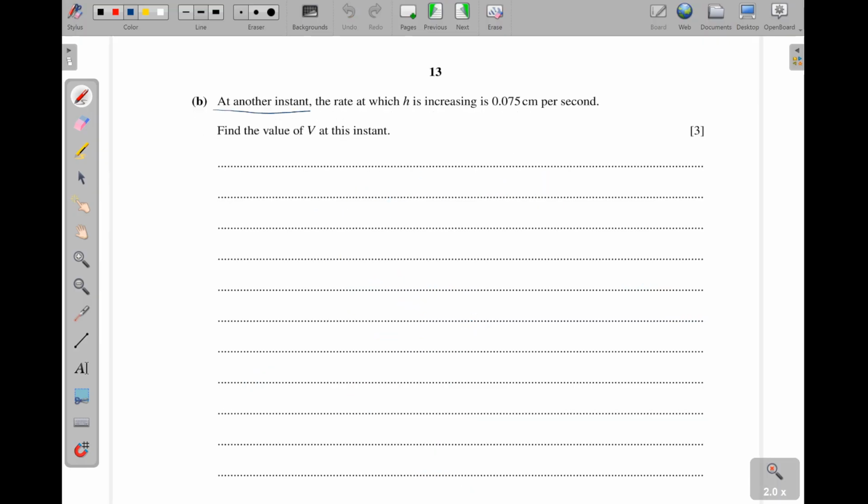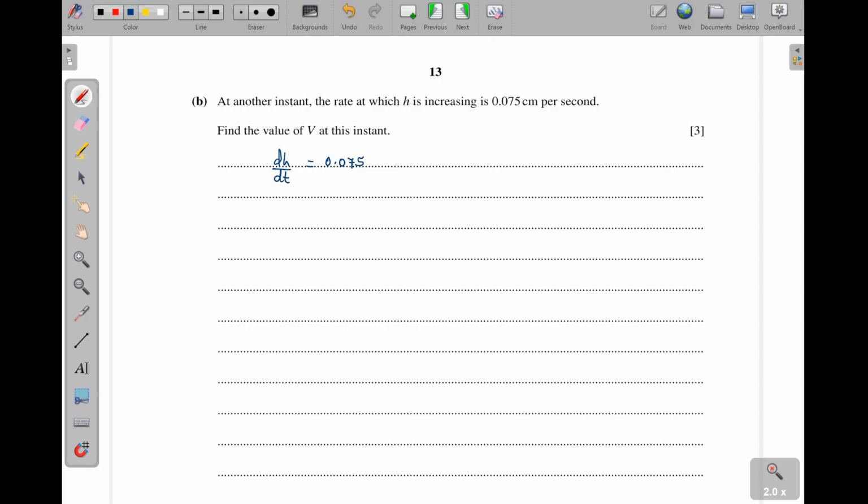Part B, at another instant, the rate at which h is increasing is 0.075 centimeter per second. Find the value of V at this instant. Now, they have given us dh/dt, which is equal to 0.075.